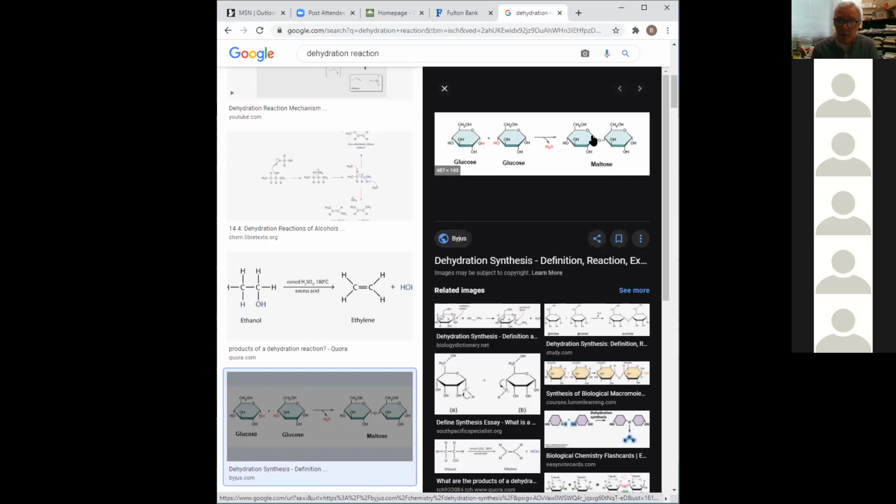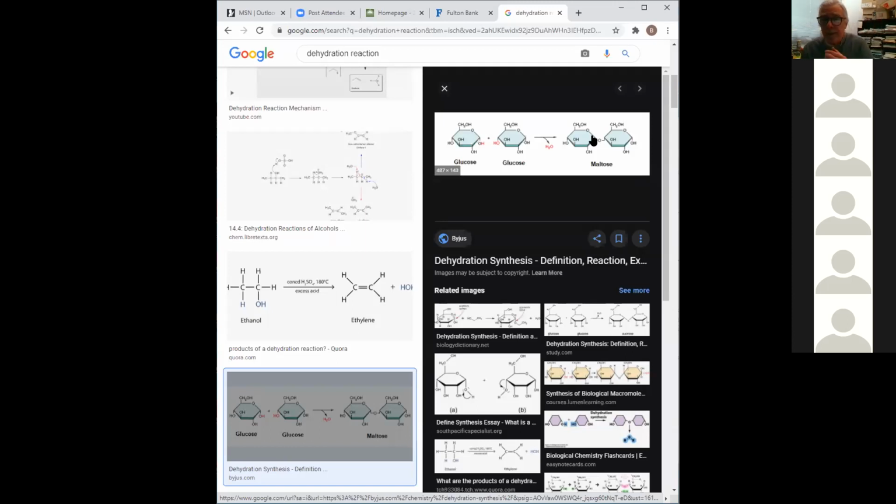And what are these carbohydrates called? You eat carbs. So what kind of food would you eat to get carbs? Bread or pasta. Bread, pasta, potatoes. This is starch. Starch is a plant-based carbohydrate.